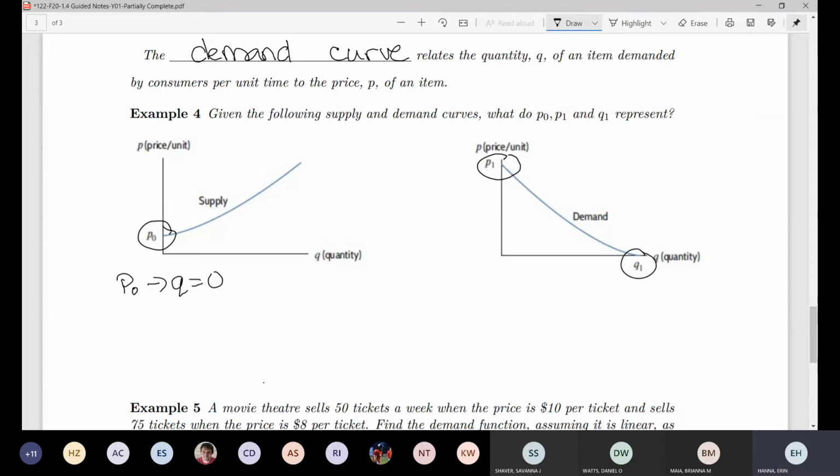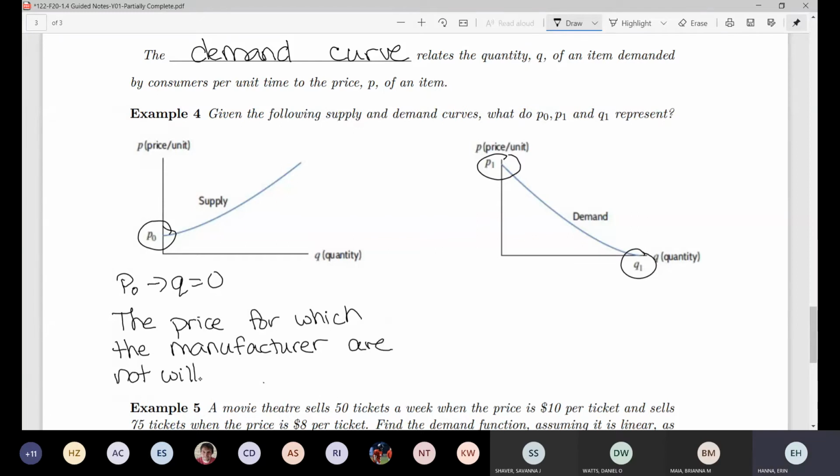So this is essentially telling me the price for which the manufacturer is not willing to make any items, because quantity is 0. They are making me no things. I walk up to them and say, hey, I'm going to sell these radios for $4. And they're like, not worth my time. Bye. I'm like, okay. And I walk away really sad because I wanted to sell radios for $4. Does that make sense?